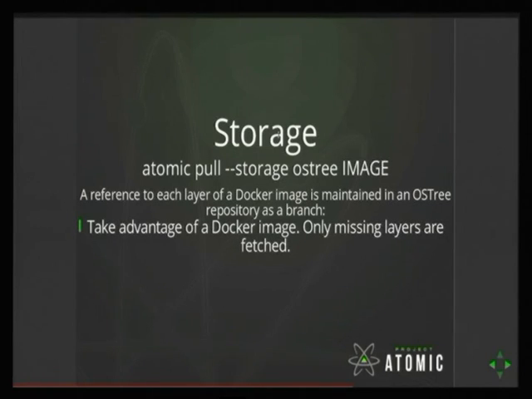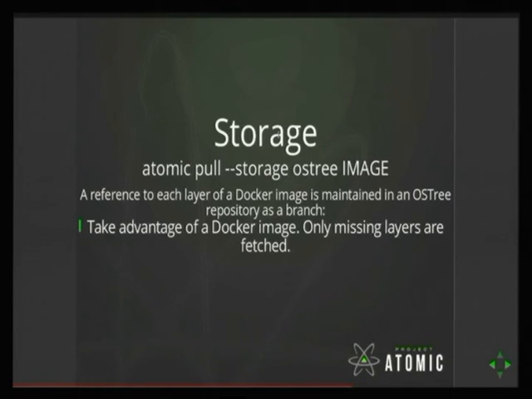So in this model, we take advantage also of the Docker image format, where the Dockerfile is converted to a series of layers, where each layer is a step in the Dockerfile. We take advantage of this model when we pull images from a registry, as we are able to reuse these layers in case they are used by different images, in the same way as Docker does now.